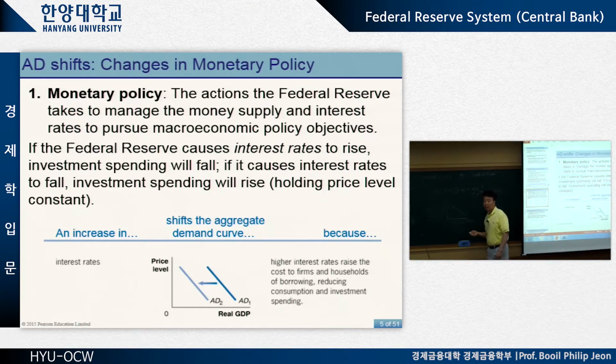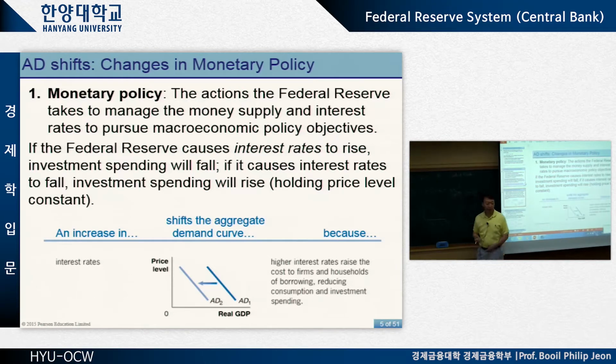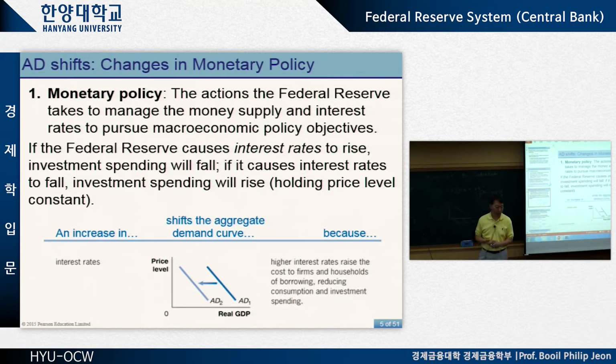Okay? Bank of Korea is the central bank in South Korea. Bank of Japan is the central bank in Japan. Bundesbank is the central bank in Germany. Right? In the United States, they call it Federal Reserve System. Federal Reserve System is the central bank, right?